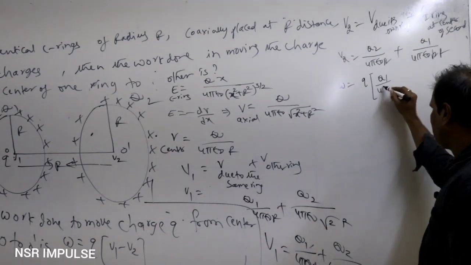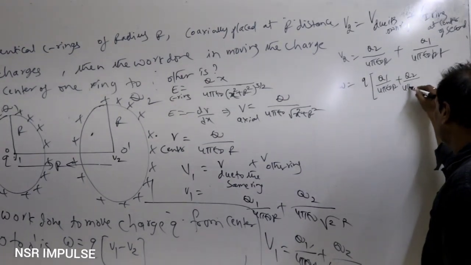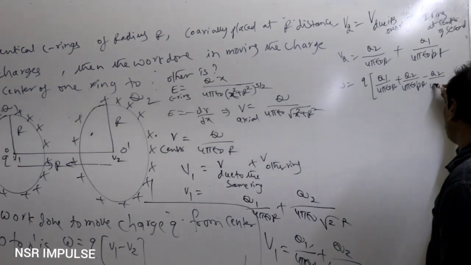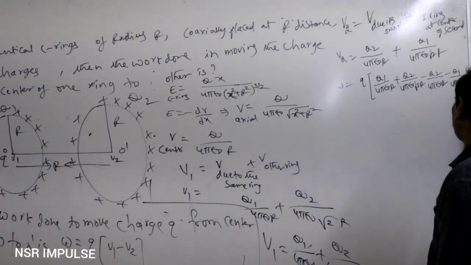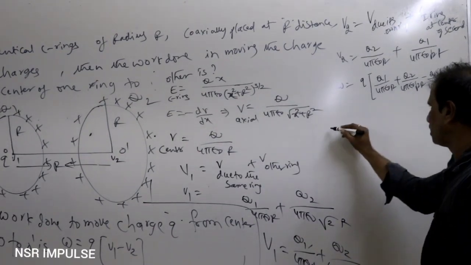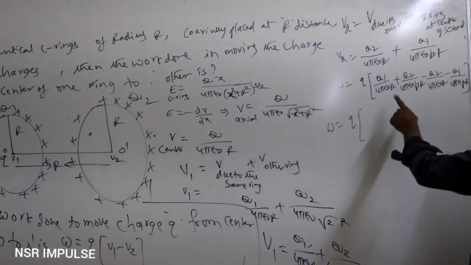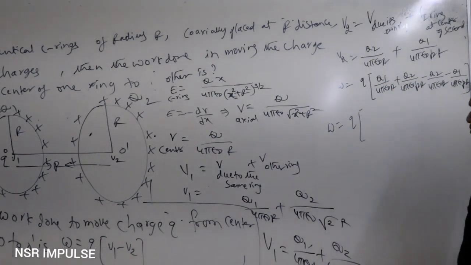V1 is Q1 by 4 pi epsilon naught r plus Q2 by 4 pi epsilon naught root 2 r, minus Q2 by 4 pi epsilon naught r, minus Q1 by 4 pi epsilon naught root 2 r. So work done is equal to Q into, what can we do here? Q1 minus Q1, this is Q2 and Q2.